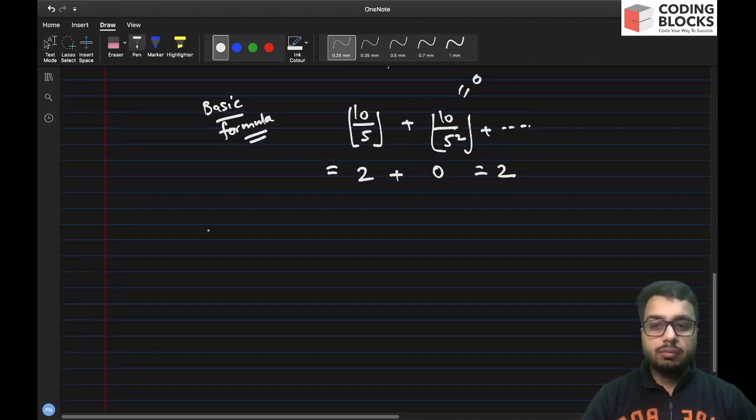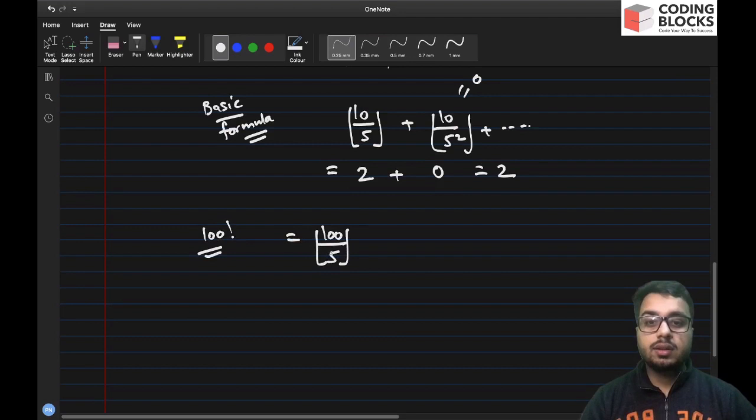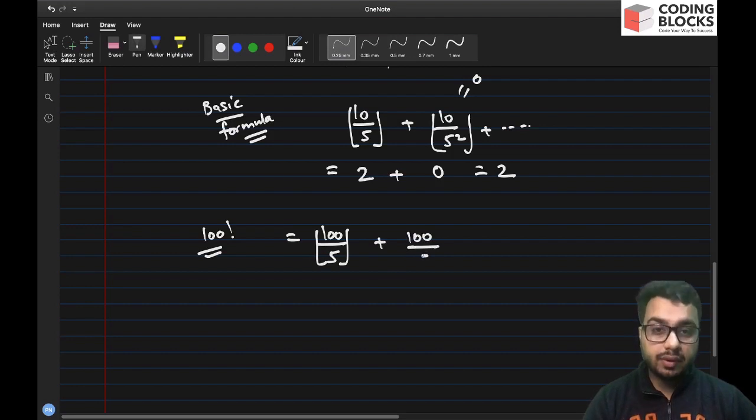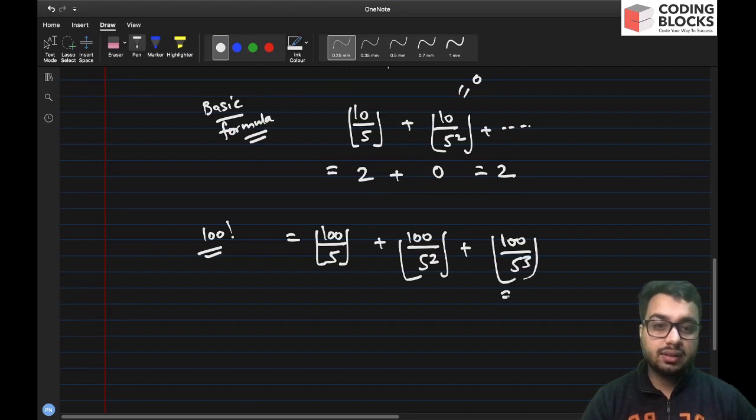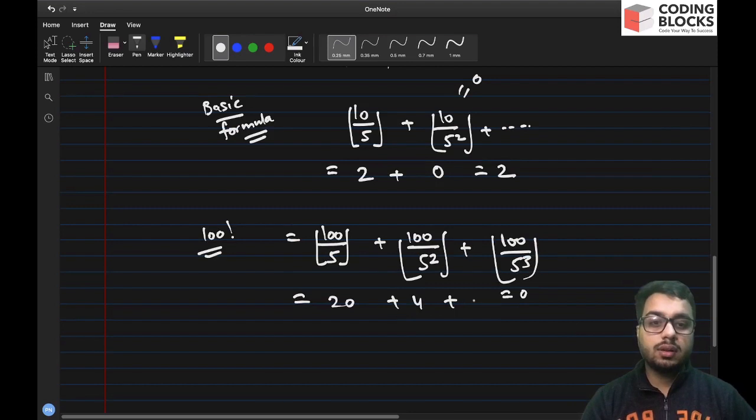Or if you want to see 100 factorial, what will you do? You will divide 100 by 5. How many multiples of 5 are there? How many multiples of 25 are there? So 5 squared, and then you do 100 divided by 5 cubed, and since this is 0, this is 20, this is 4, the final answer is 24.